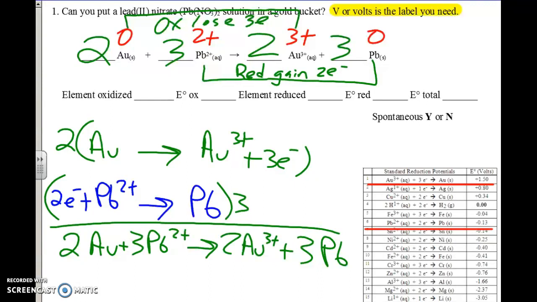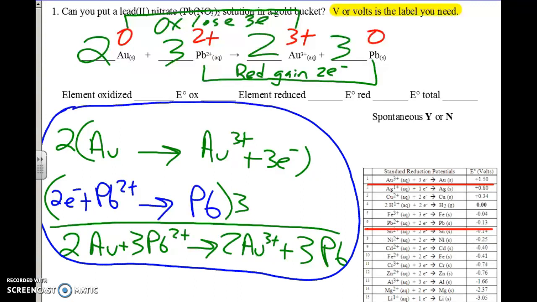So one of these two reactions is going to be exactly as it is written on your sheet. And so we have this one is exactly on the back of your periodic table. So we take that voltage exactly. So it's negative 0.13 volts.